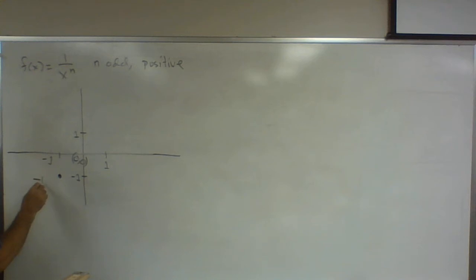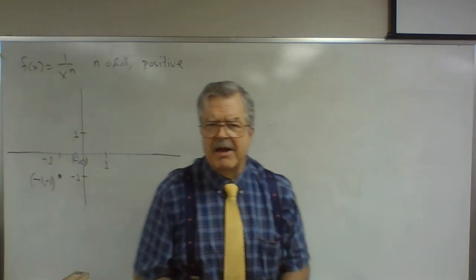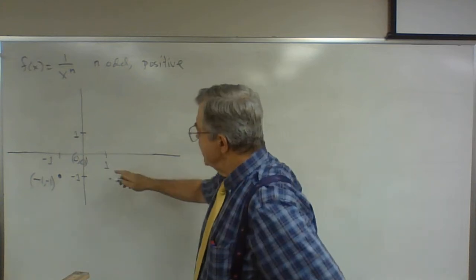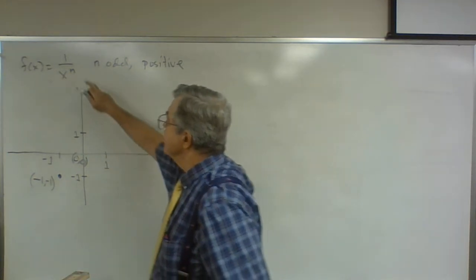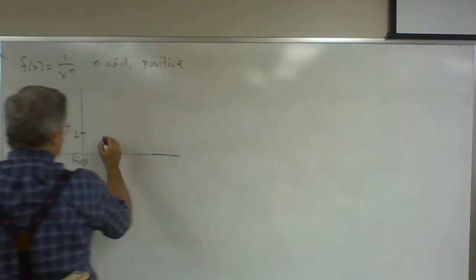So the point -1, -1 will be a point on the graph. When x is 0, we have 1 over 0 to the n. Oh my goodness, when x is 0, we're dividing by 0. So when x is 0, there's no point on that graph. What about x equals +1? 1 over 1 to the n power is 1.